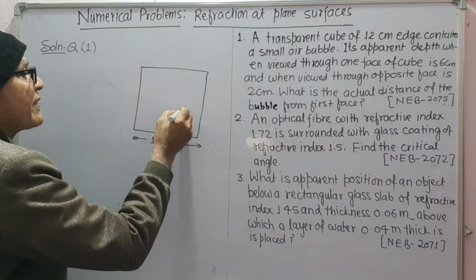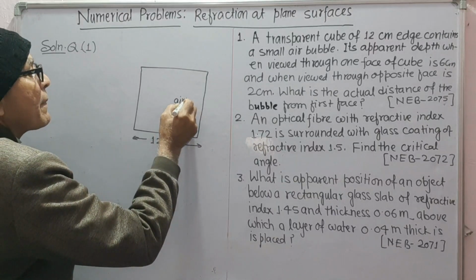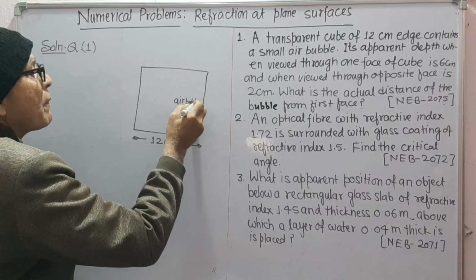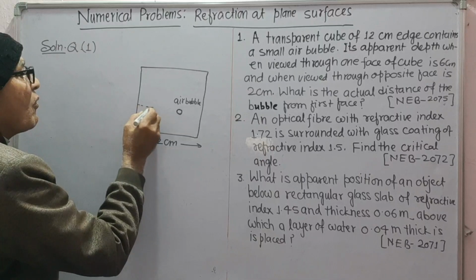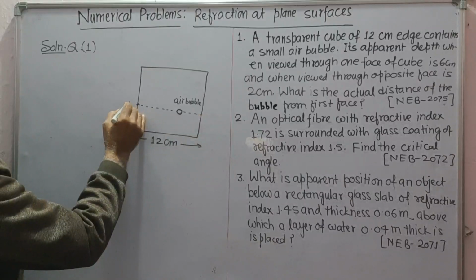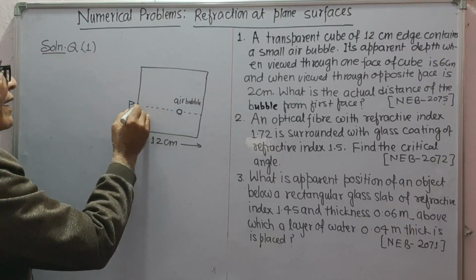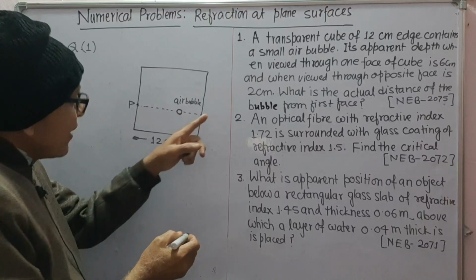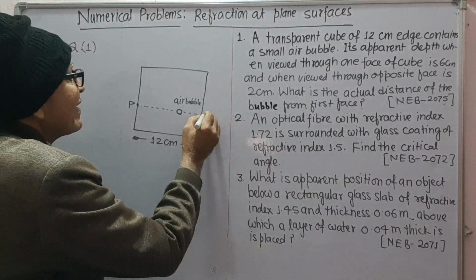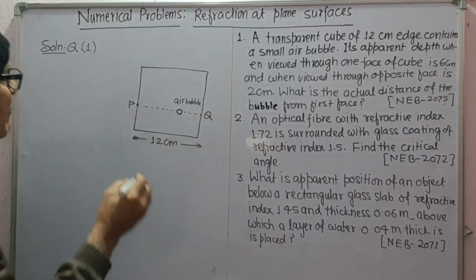Suppose this is the position of the air bubble. When it is viewed from end P, it appears to be 6 centimeter, and when viewed through end Q, it appears to be 2 centimeter.